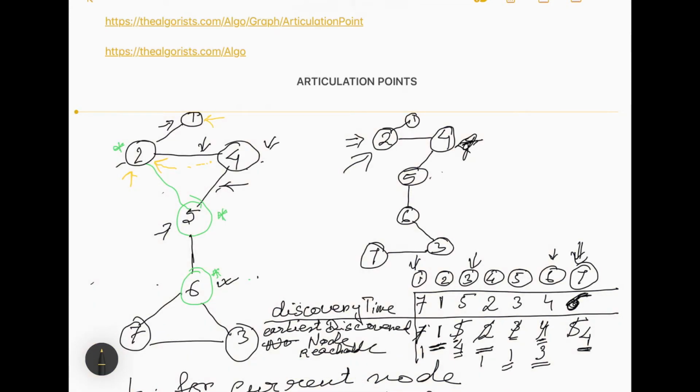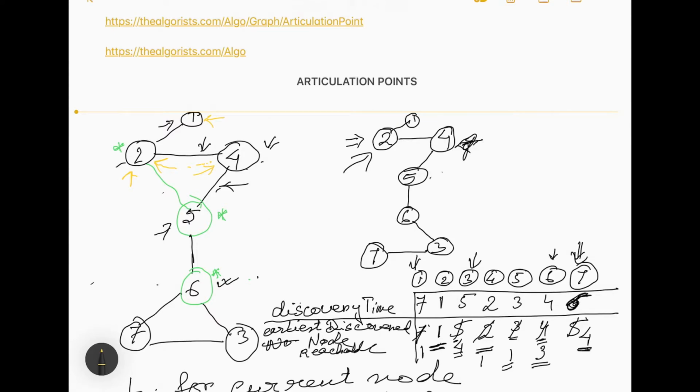We were backtracking from 4, so we recomputed the earliest discovered node reachable from 4, and then we backtracked to 2, and we figured out whether we had any unvisited adjacent nodes, and we saw we had one, so we processed it. Then we recomputed the earliest discovered node for 1, and when we backtracked to 2, we saw that all the adjacent nodes of 2 have been processed.